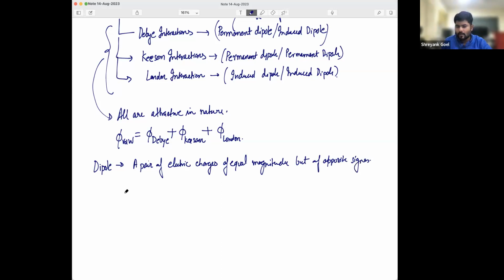Like a dipole exists something like this: this is plus Q and this is minus Q. So this and this together constitute a dipole. Let's say this distance is L, that is the distance between the centers of the charges.